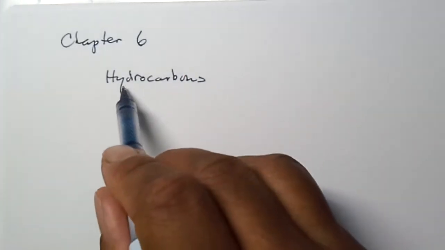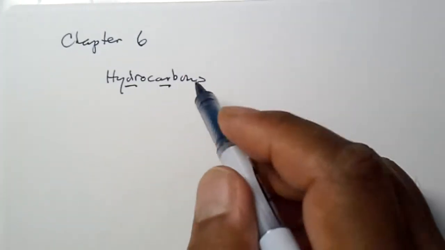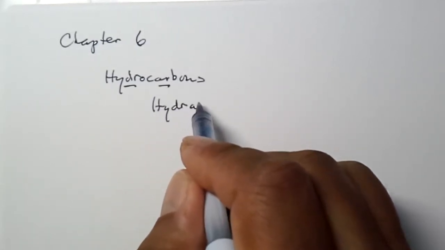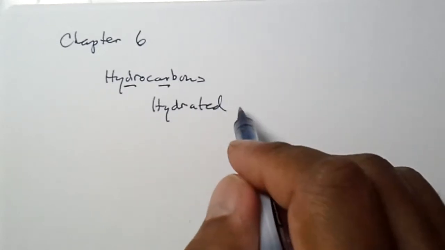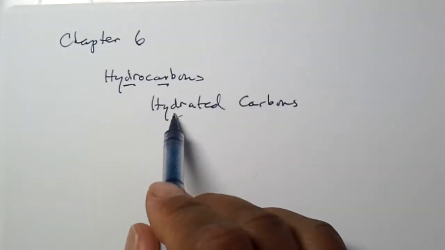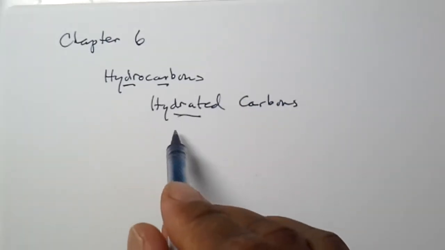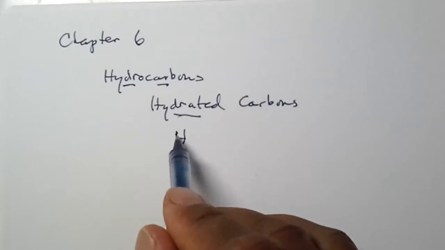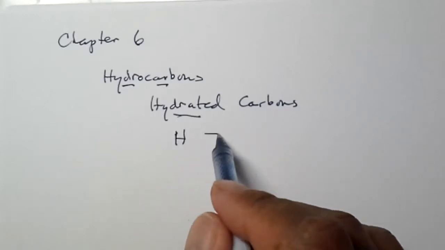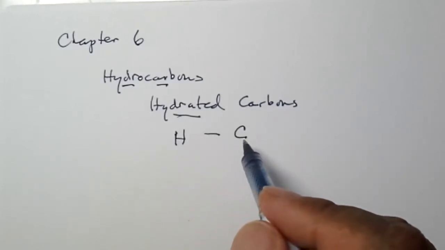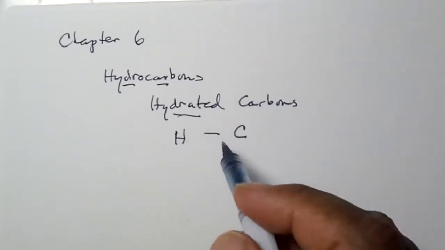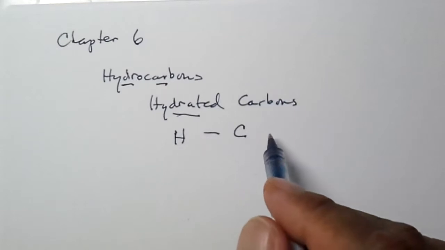And the name implies that these are hydrated carbons. And by implication, you think of hydrated as being water. But in this case, we're simply talking about hydrogen, and hydrogen that saturates, or if you will, carbon.